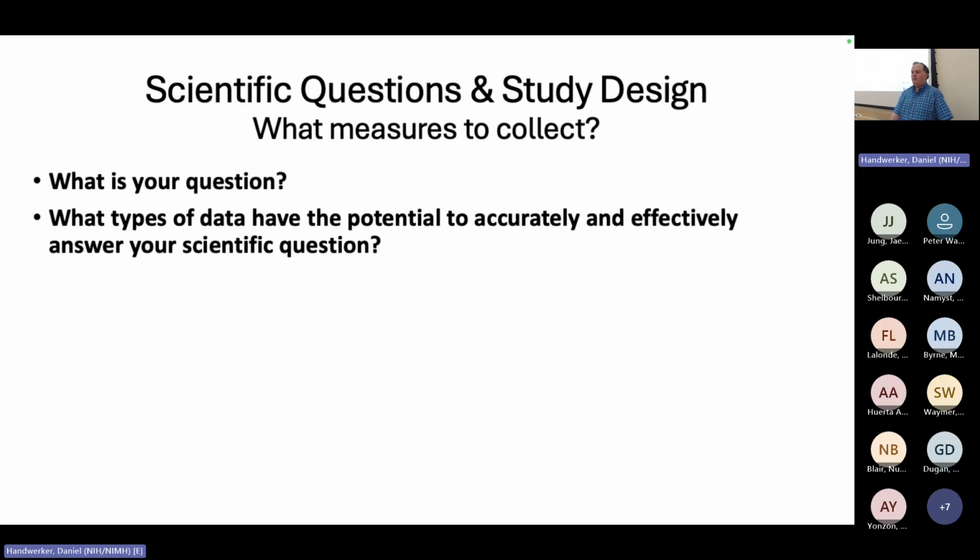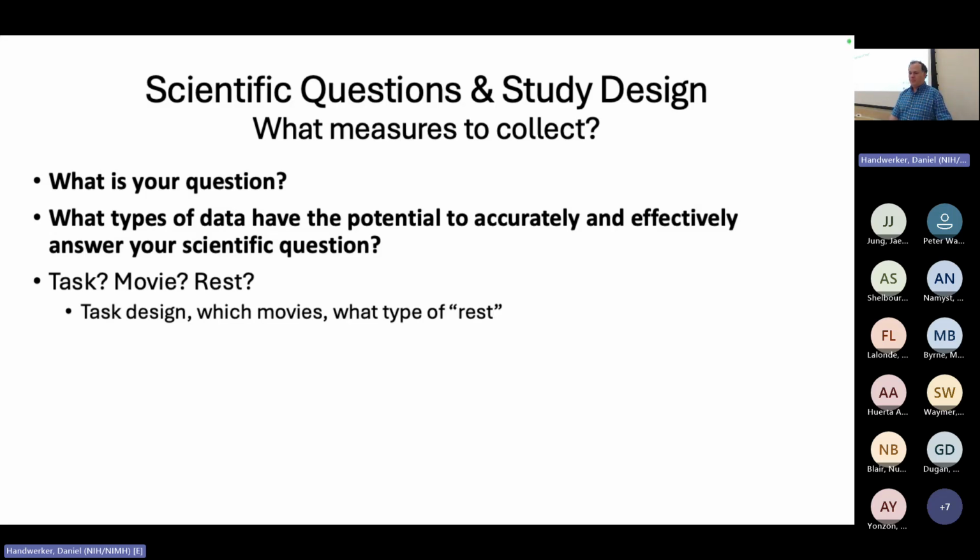And once you have your scientific question, what types of data can accurately and effectively answer it? This feels obvious to say, but so many studies get caught up at this exact phase, so make sure that you have a clear question and that the data you're collecting is good to answer that question. So I wanted to start there.